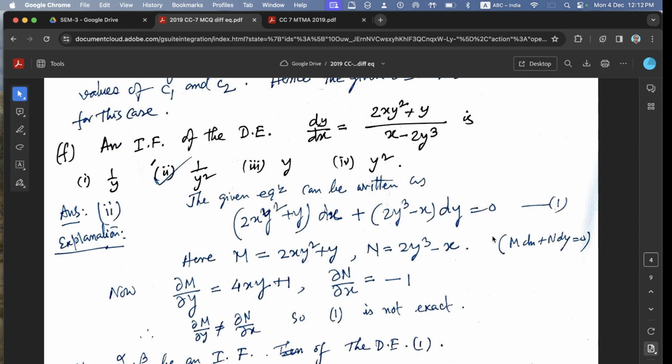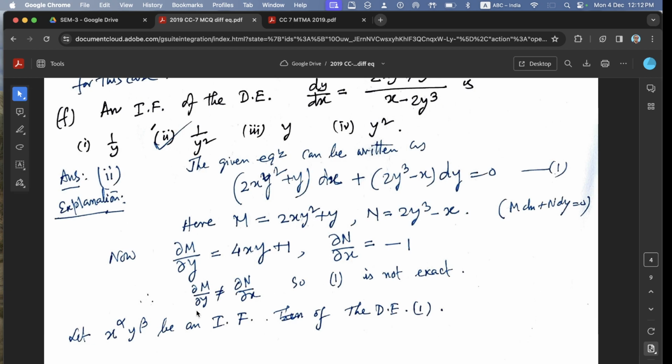So comparing with M dx plus N dy, M equal to 2xy square plus y and N equal to 2y cube minus x. So del M/del y equal to this and del N/del x equal to this. So obviously del M/del y not equal to del N/del x. So equation 1 is not an exact equation.